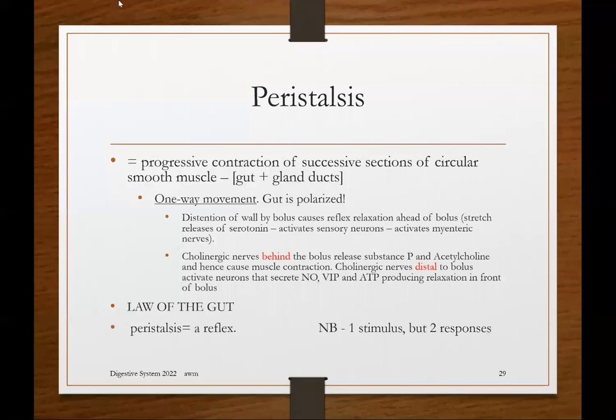So this is what I was saying: you have one stimulus, which is the distension caused by luminal contents accumulating in the gut, but then you get two responses. Ahead of the distension, relaxation, and behind, contraction.